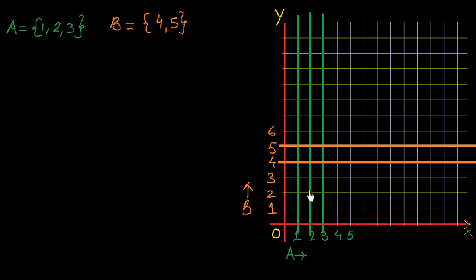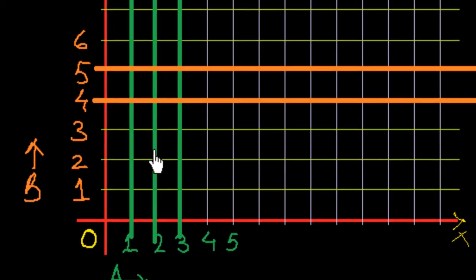Now we take the intersecting points of both the horizontal and vertical lines. We got 6 intersecting points here.